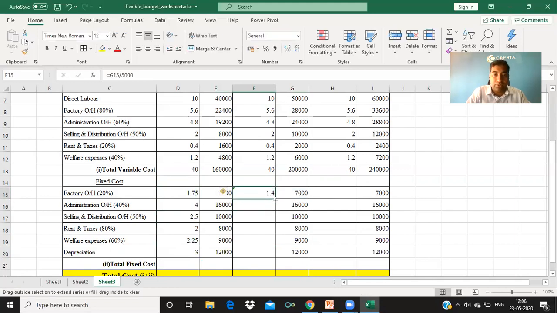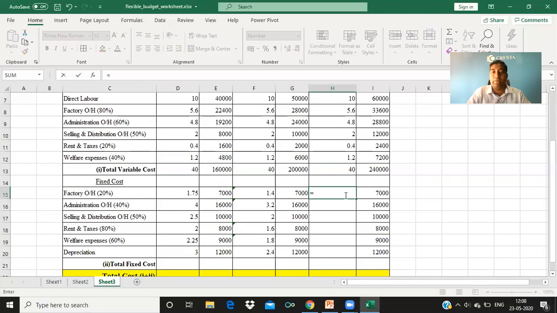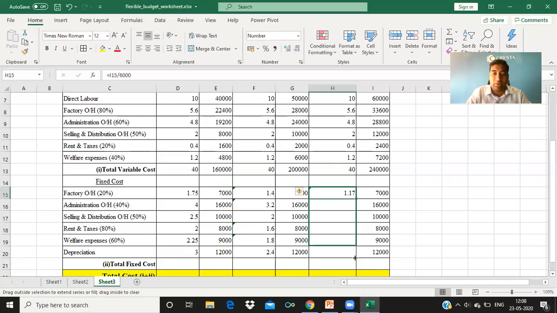So the values of this are 1.4, 3.2, 2, 1.6, 1.8, and 2.4. So all these values are divided by 5,000 units. Coming to the last one, the 7,000 rupees or other fixed cost is divided by 6,000 units, as we are preparing the flexible budget for 6,000 units. So we got the respective values.